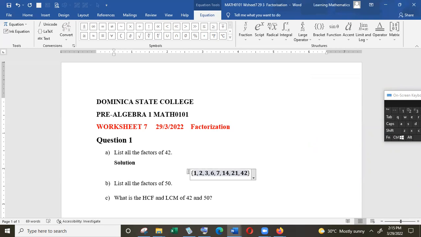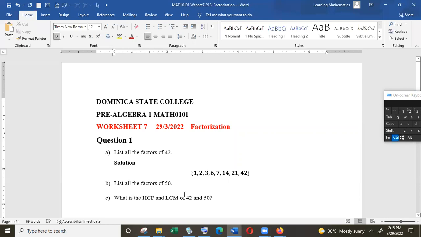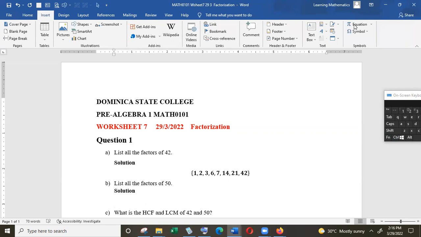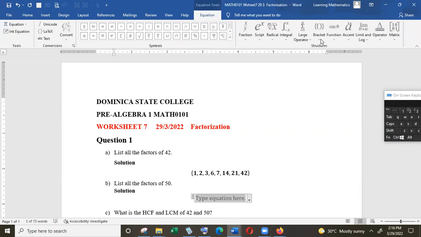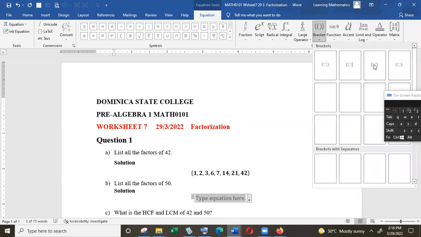All right, so these are the factors of 42: 1, 2, 3, 6, 7, 14, 21, 42. And if you realize, we're using curly brackets for that. Anytime you're listing, use curly brackets.